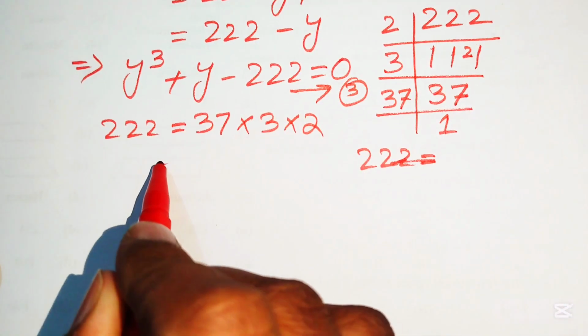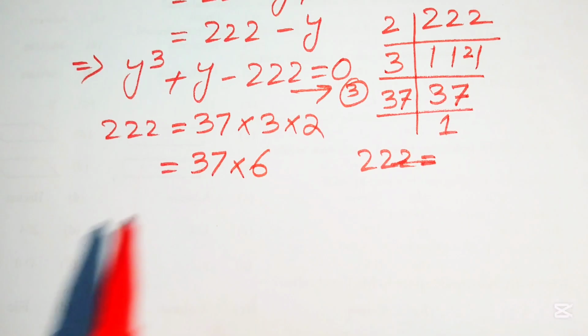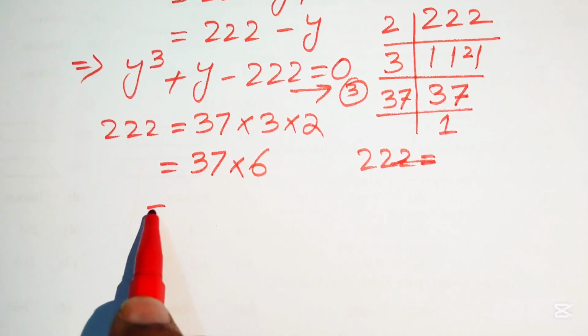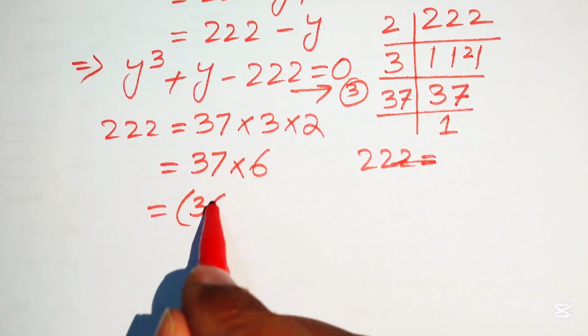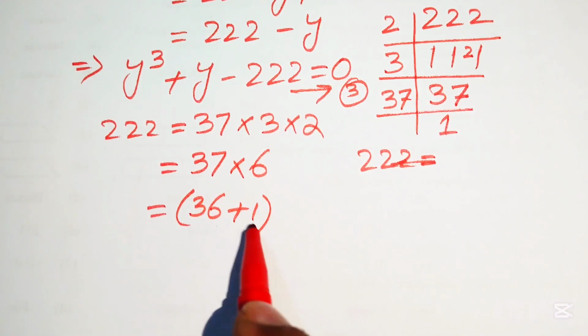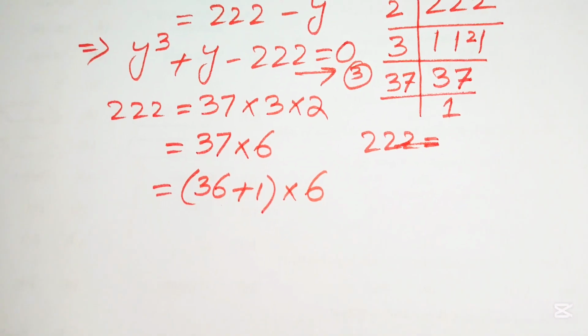Okay, so here you see that we have 37, and 3 twos are 6. So now we break this 37 as 36 + 1. We know that 36 + 1 becomes 37, and it is multiplied by 6.